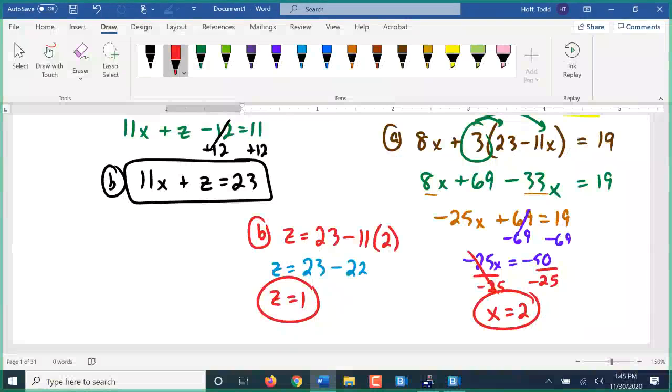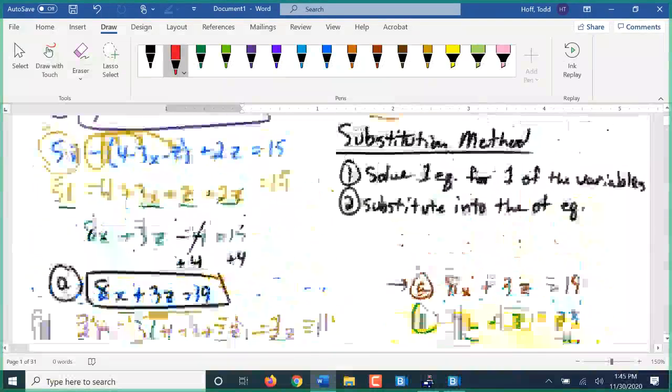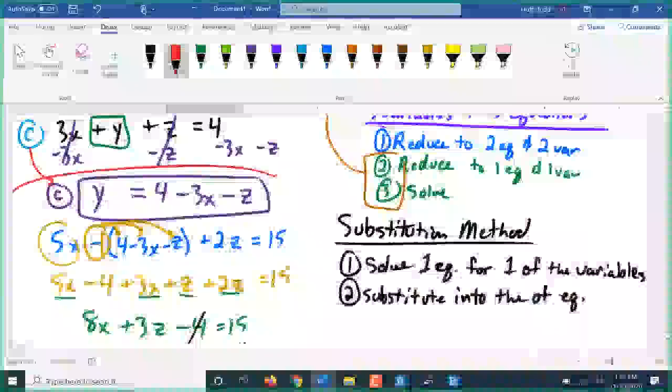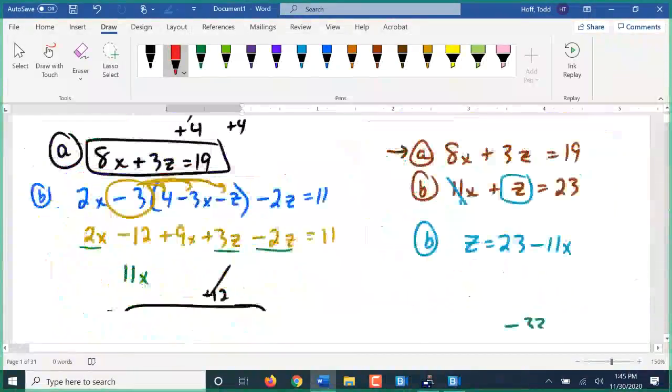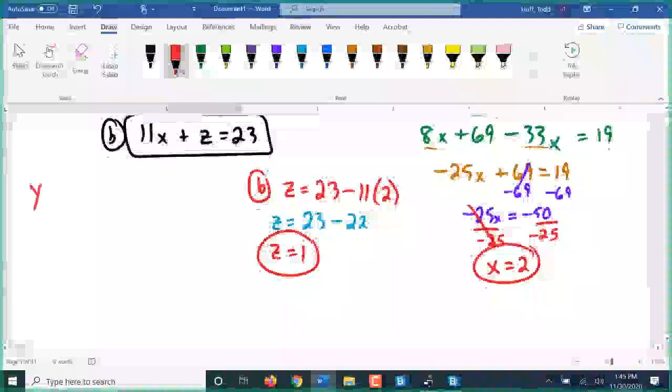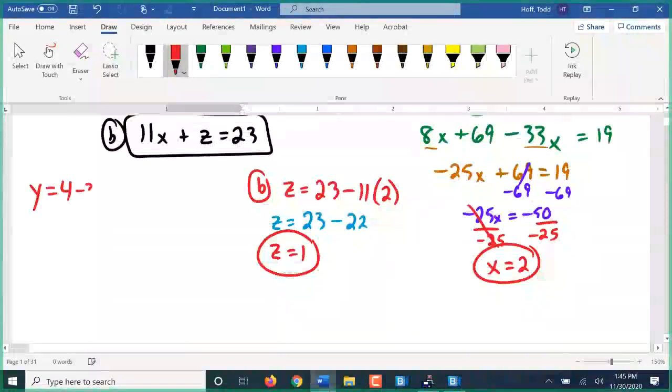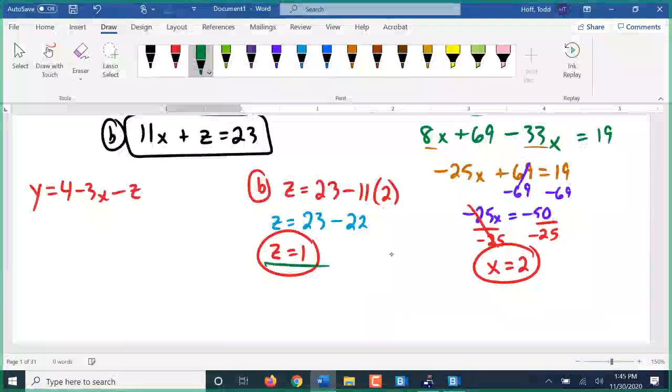Now from there, I can go back up to my equation C here that I solved at the very beginning. Y equals 4 minus 3x minus z. And I can substitute z equals 1 and x equals 2 in there. Find y. So y equals 4 minus 3x will be 3 times 2.